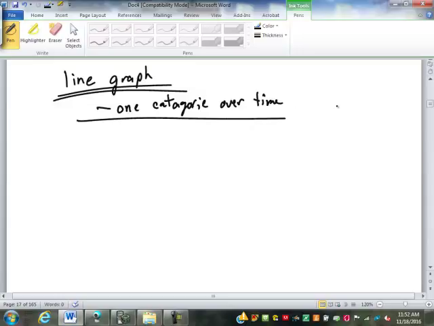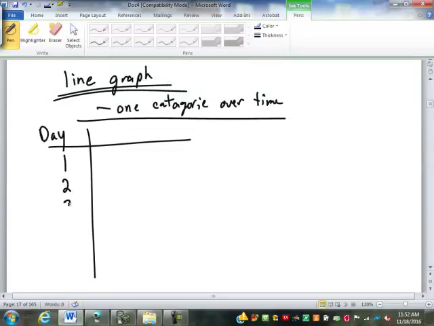So for example, let's track number of patients in the ER by day. Now I'm just going to label them day 1, 2, 3, 4, and 5 just to show my creativity. Number of ER patients.